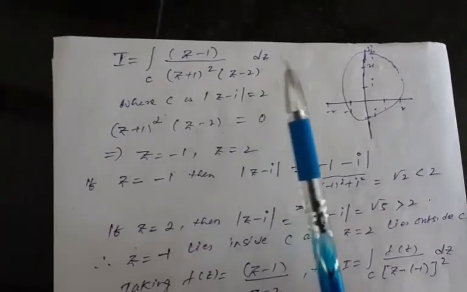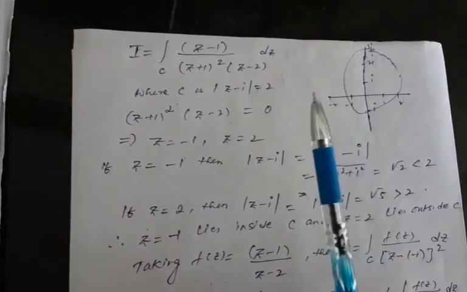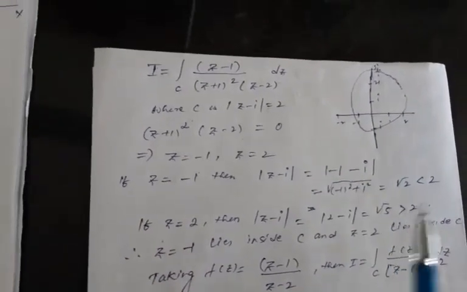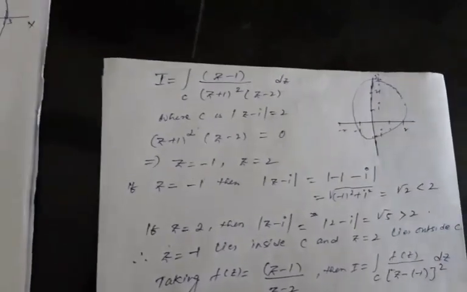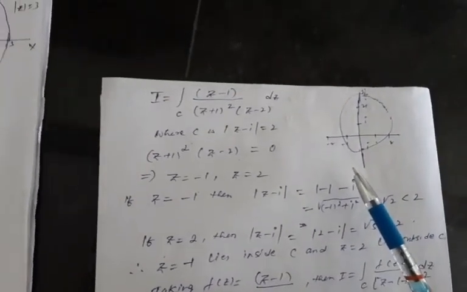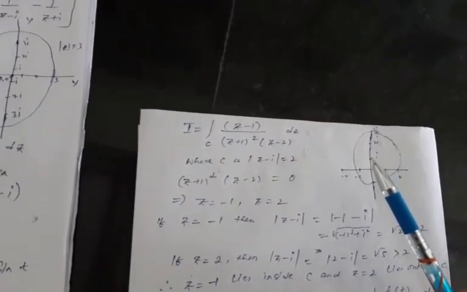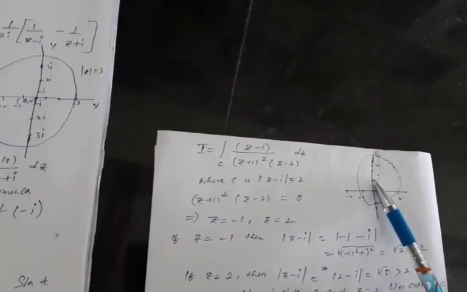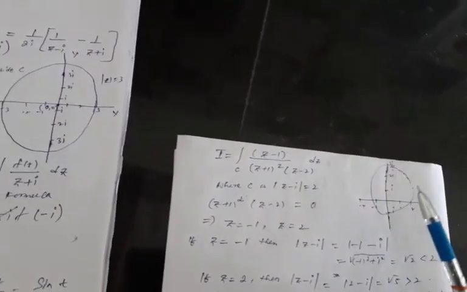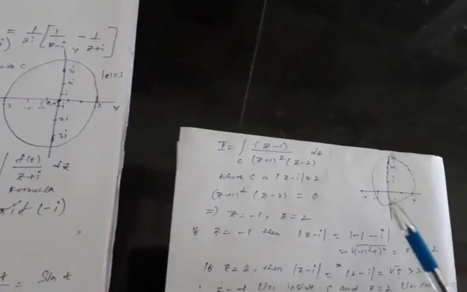So here I is the integral of z minus 1 divided by (z plus 1) square (z minus 2), and the circle is given, whose center point is i. Okay, so the radius is also 2. So this i is the center point and this is a circle having a radius 2.